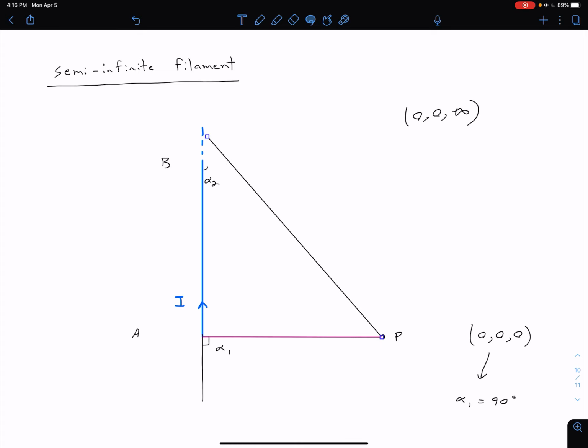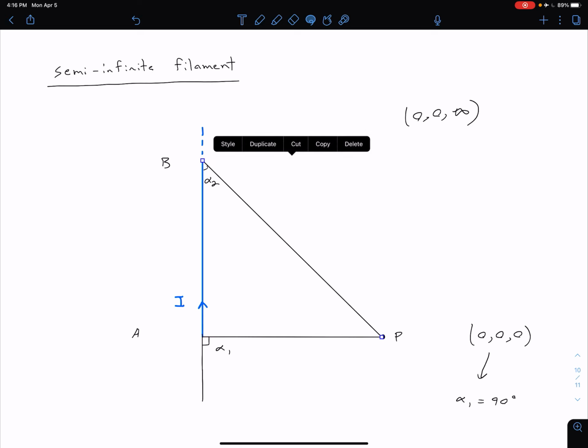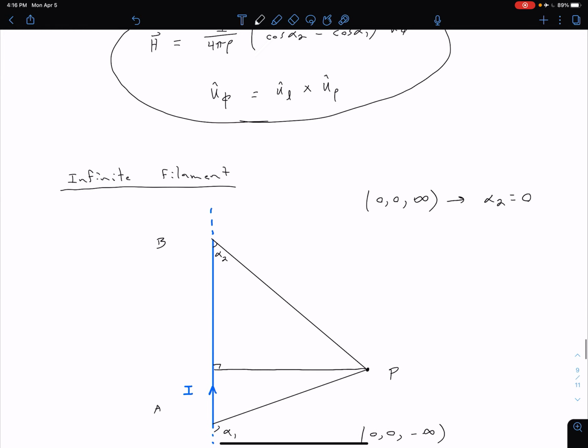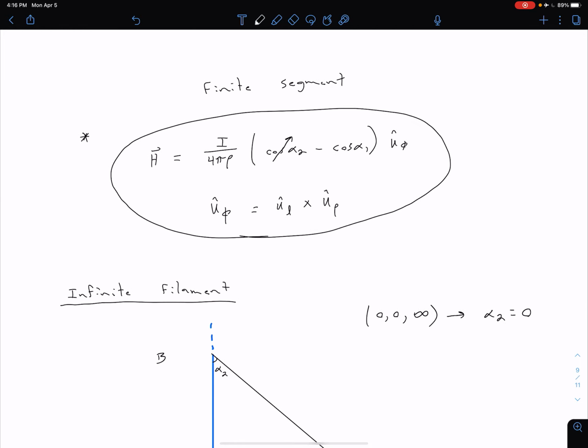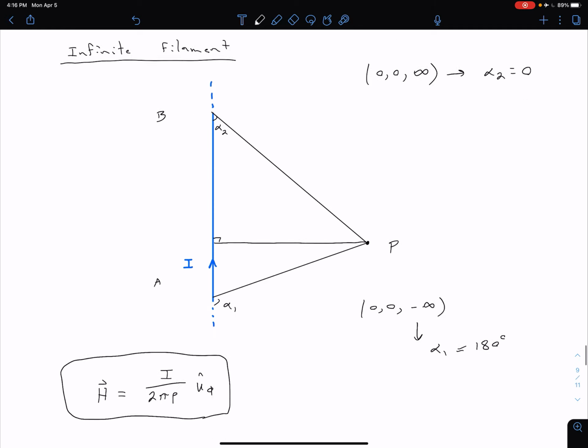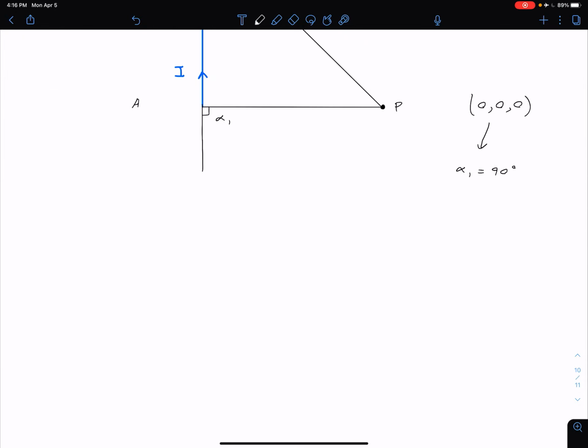Well, now if that's going towards infinity, eventually that angle alpha 2 is going towards 0. So alpha 2 is going to be 0. Again, we just go back and plug into our equation. So cosine of alpha 2, cosine of 0 goes to 1. And now we have cosine of 90, which is 0. So now we just have this factor out front, I over 4 pi rho. So let's come down here and write our equation for our semi-infinite line. So H is equal to I divided by 4 pi rho in our phi direction.